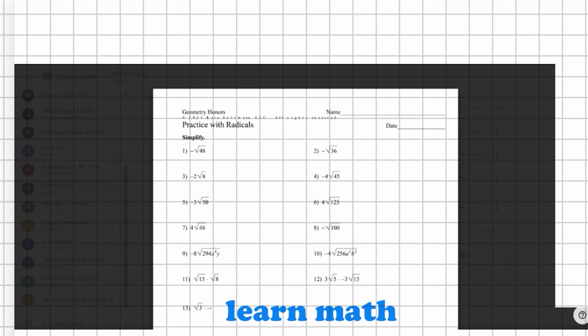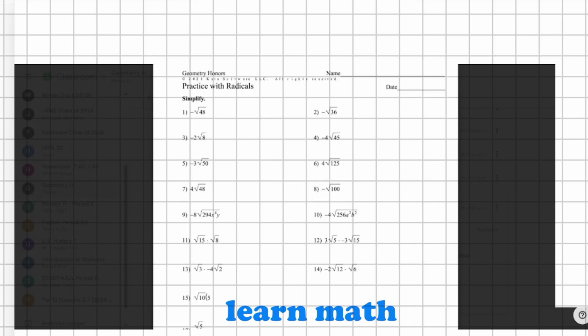So it will be 2, negative 2 square root of 12. Square root of 12, you can simplify to 4 and 3. So negative 4 square root of 3.